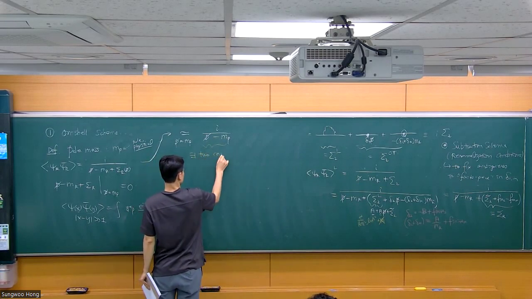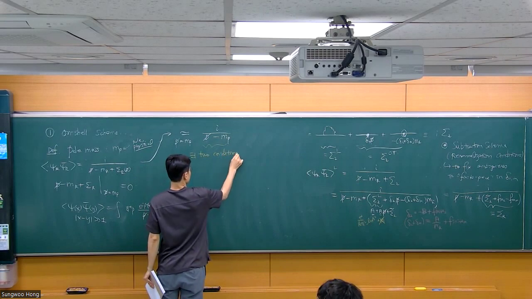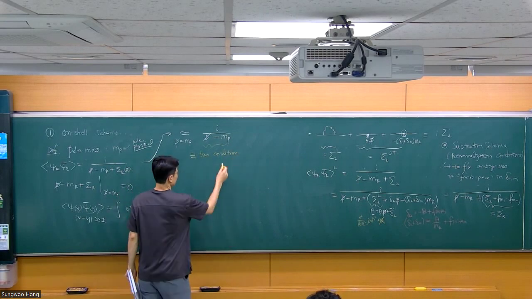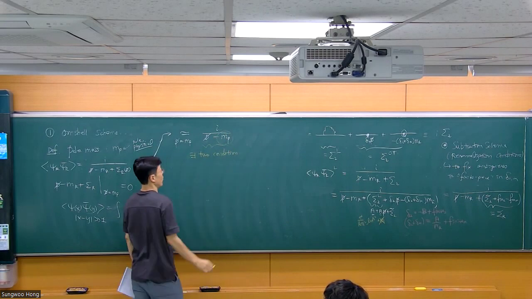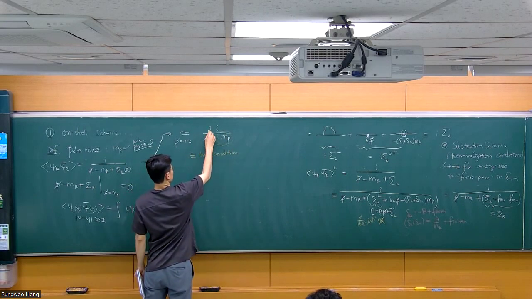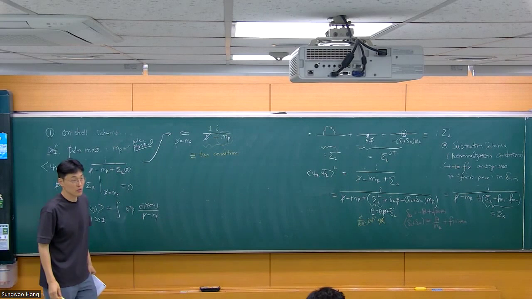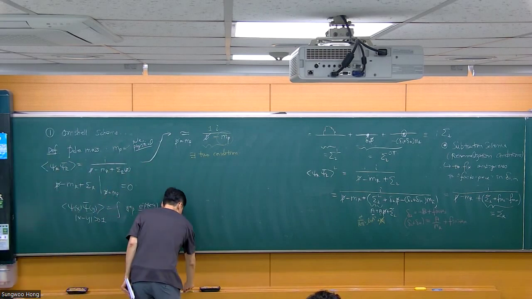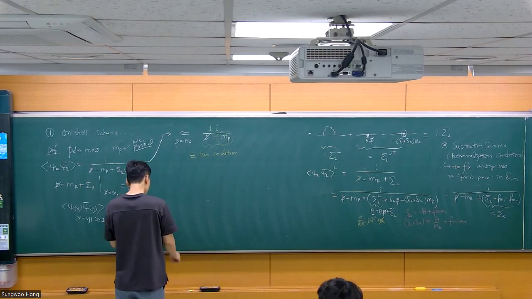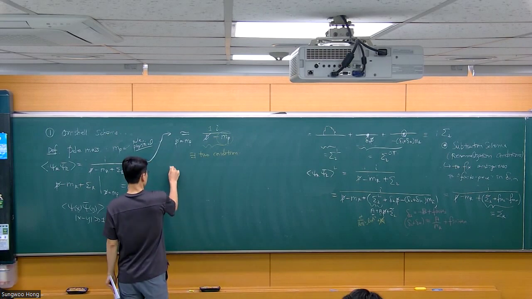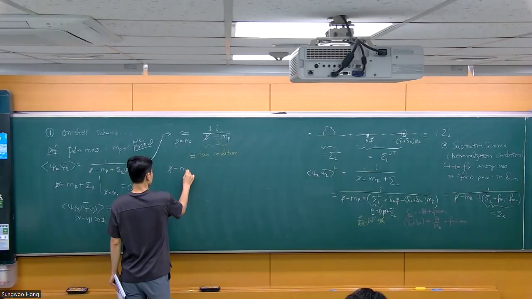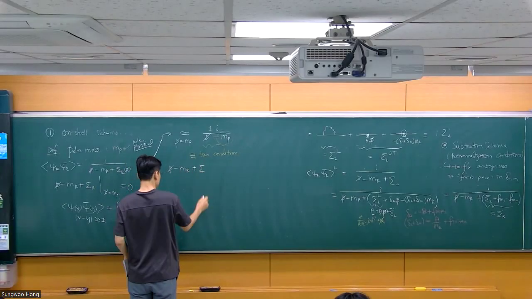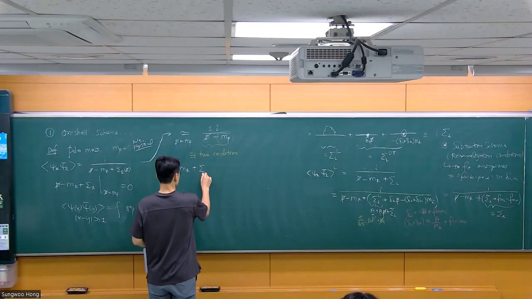One is about this being a pole mass, and the second is that it comes with a residue equal to 1. Okay, this has two conditions. Let me make it more precise. To do that, let's write this: p-slash, this is the denominator, plus M renormalized.